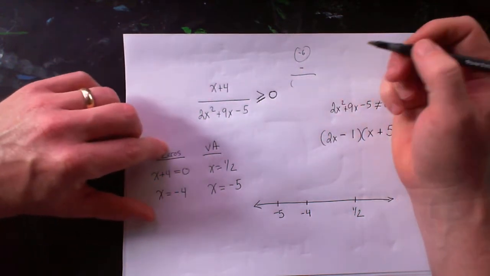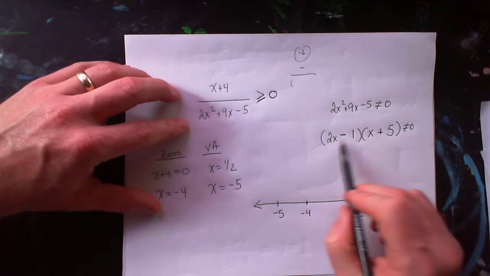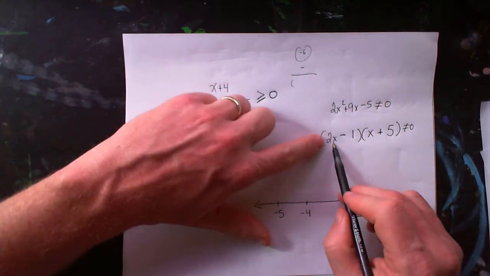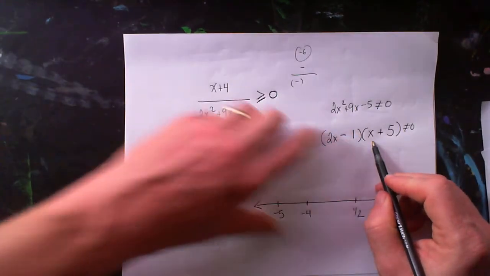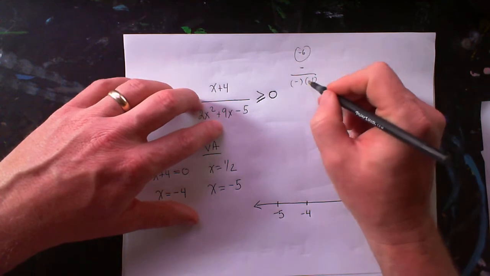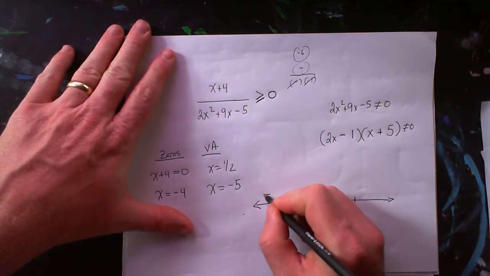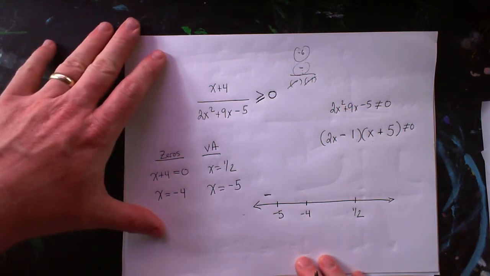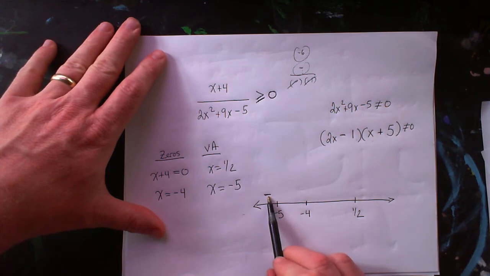In the bottom, it's easiest if we plug it into the factored form. If I plug a negative 6 in there, that's going to give me a negative number. If I plug a negative 6 in here, that's going to give me a negative number. So overall, if I am extremely negative, I have a negative number. So anytime I am less than negative 5, I am negative.